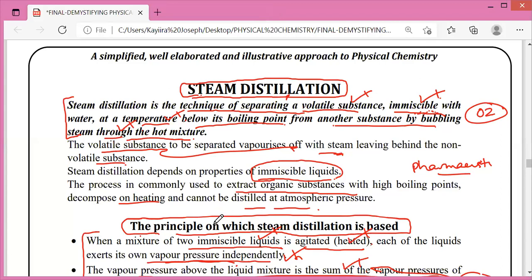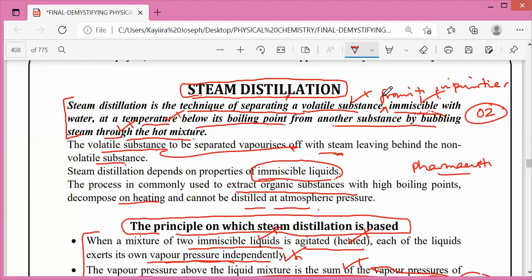Read the definition. Steam distillation is the technique of separating a volatile substance from its impurities, immiscible with water at a temperature below its boiling point, from another substance.